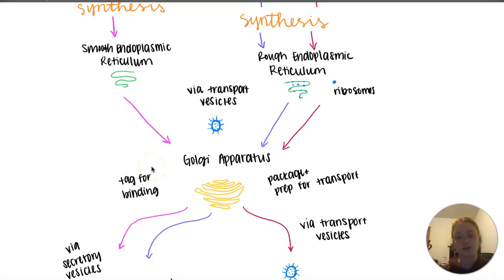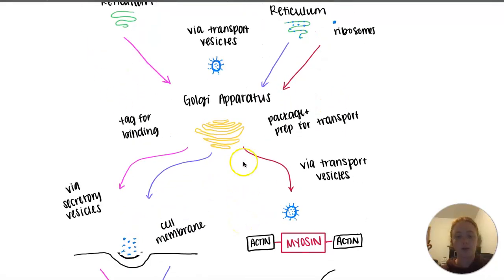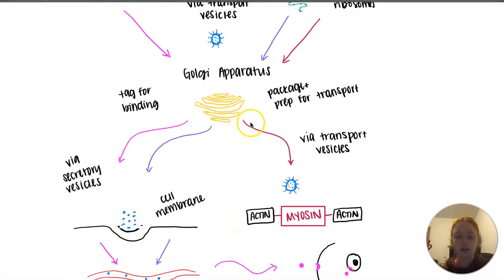So the Golgi apparatus gets all of these molecules ready to be sent out, either to places within the cell or outside of the cell. Following the arrows down, they all go to the Golgi apparatus, and then they split off again.